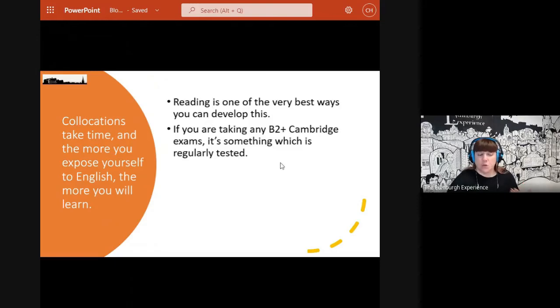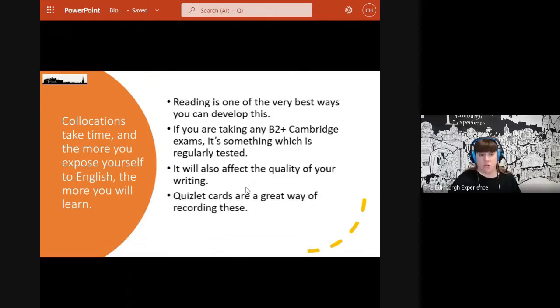And it's also something that will very much affect the quality of your writing, because if you're using incorrect collocations when you're writing, it reads badly. Yeah, your written English doesn't look great. So they're very important if you're taking exams, because they're going to help raise your level and also help you answer some of those tricky Use of English questions.